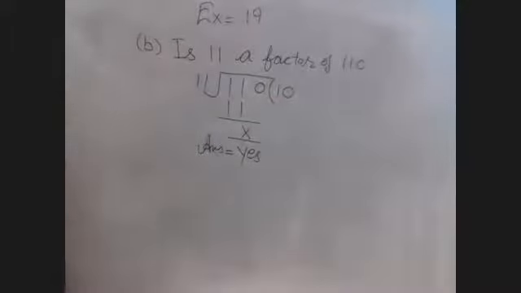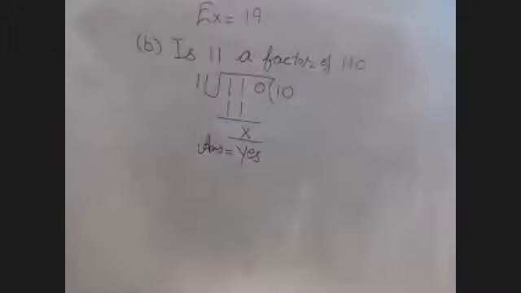Yes friends, when we want to know if any number is a factor of another number, simply divide these two numbers. If our remainder is 0, then we can say the first number is a factor of the second number.